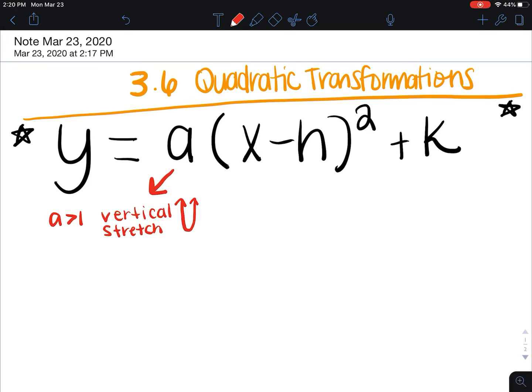If A is between 0 and 1, so like 1/2, 1/3, that is a vertical compression. Think about, this one's kind of tricky, think about this like a spring. If I push on the spring, I'm pushing it down, and so the spring gets wider.